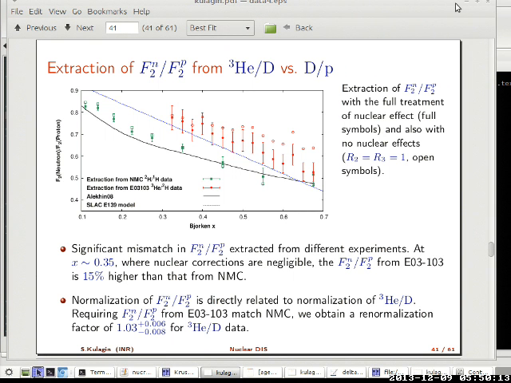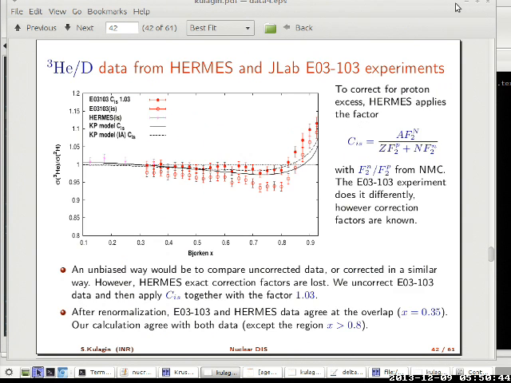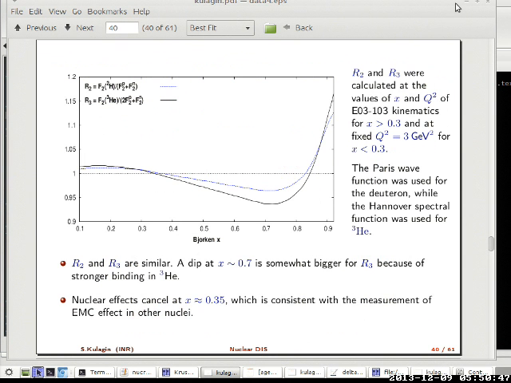There is some uncertainty about the inclusion of nuclear effects, but what we know experimentally is that in the region between 0.3 and 0.4, the nuclear effects cancel for most of the targets which are known, actually for all the targets. We also have a calculation of nuclear effects for both targets which are shown here.